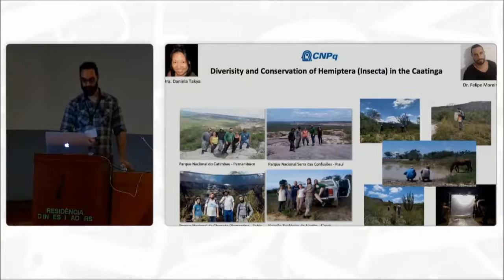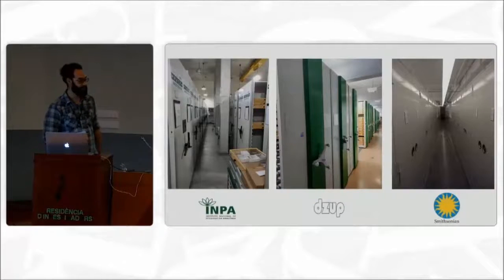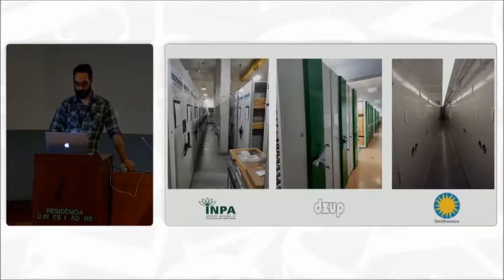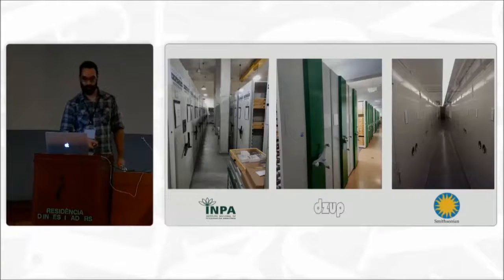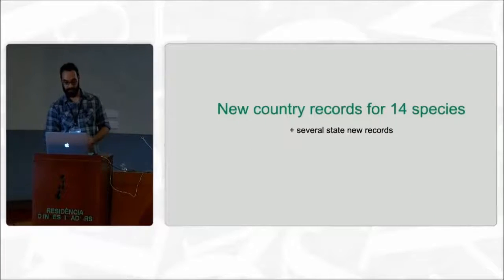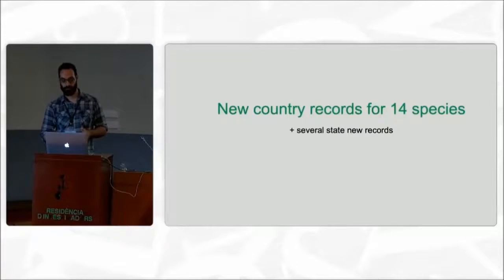And in addition to that, I've been visiting some collections, for instance INPA in the Amazon state, Curitiba, and the Smithsonian. With this, we found new records for 14 species, country-wise, plus several state new records.